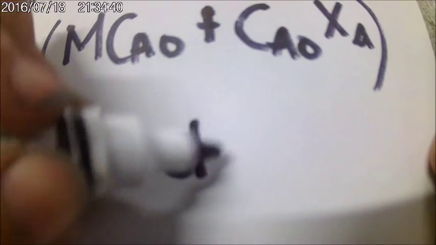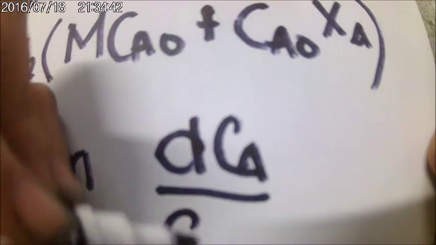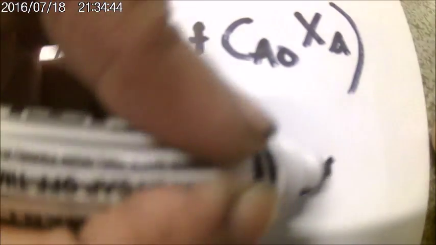So at equilibrium, we have dCA over dt equals 0.